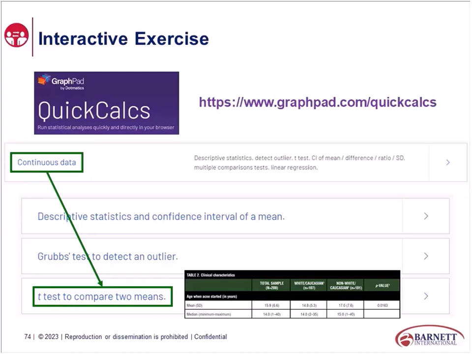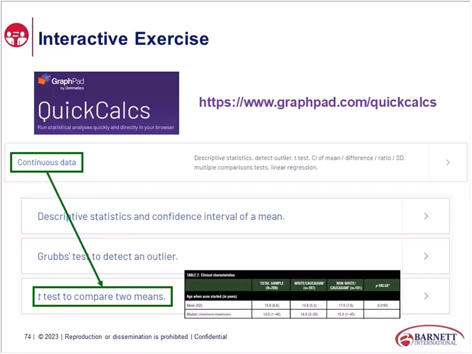But QuickCalcs gives everybody the ability to do statistical analysis very simply online, on their phone, on their laptop, anywhere they wish. Here's the URL, www.graphpad.com, QuickCalcs.